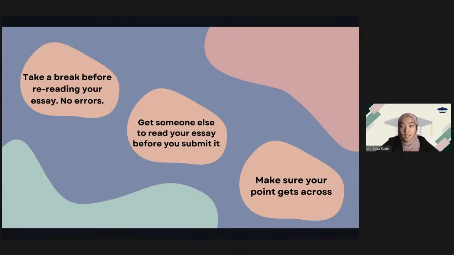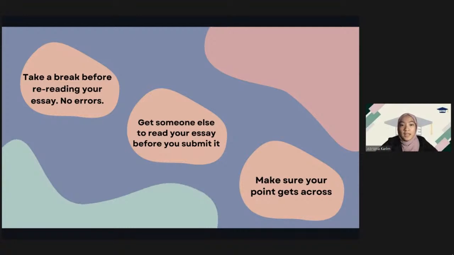And maybe this could be a pro tip: try not to have too many people read your essay, because if there are too many people reading it, you will get so many feedbacks, and you will have the tendency to edit so many times that at some point the essay doesn't sound like you anymore. That is the last thing that you would want for your essay, because like I've mentioned, your essay is something that is personal to you.